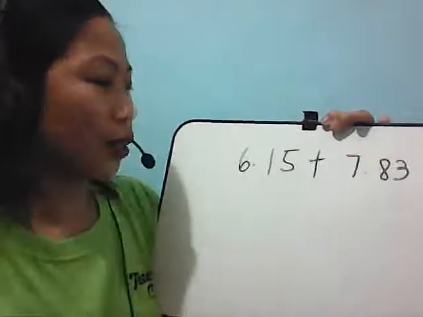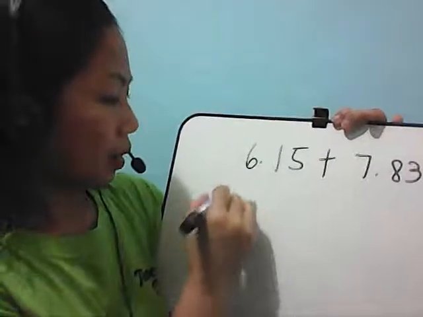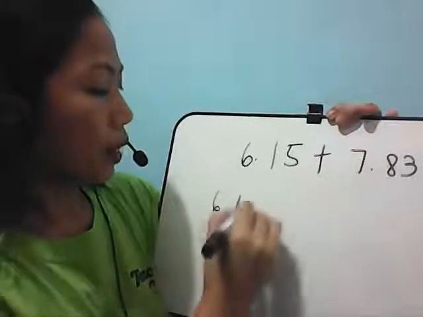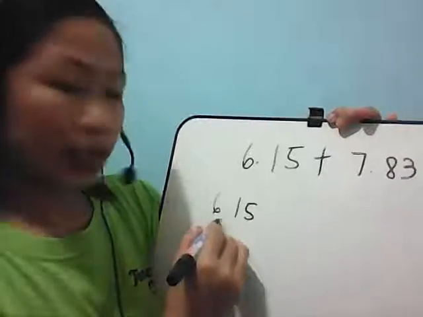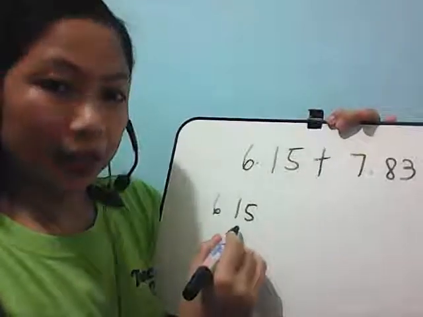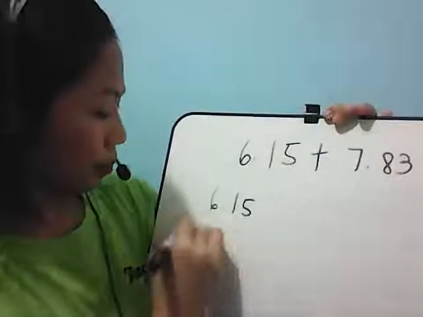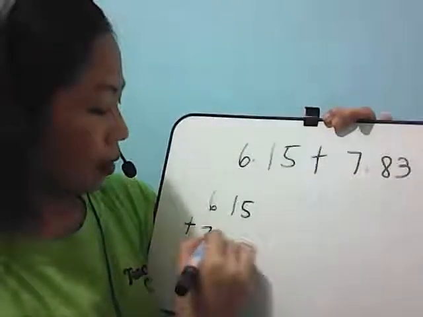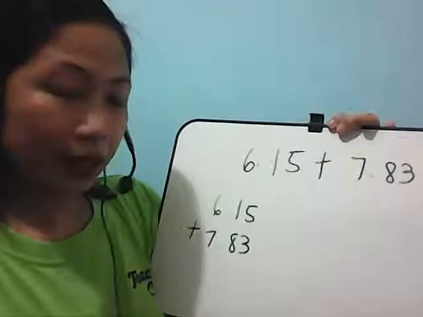First, we need to rearrange it. 6.15, or read this as 6 and 15 hundredths. Then 7 and 83 hundredths.